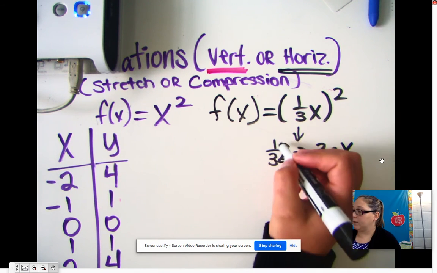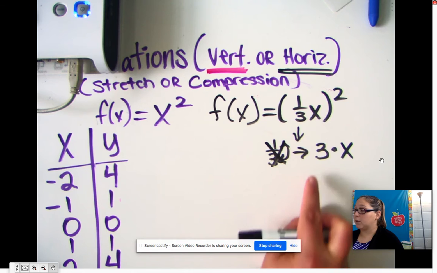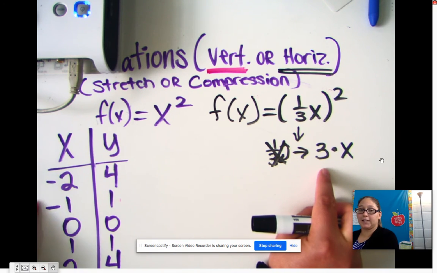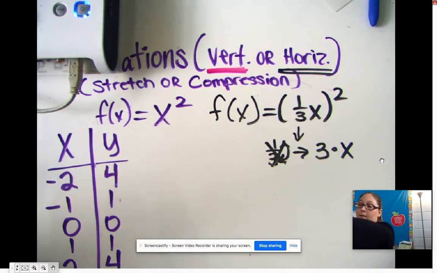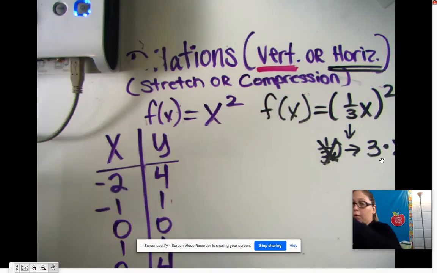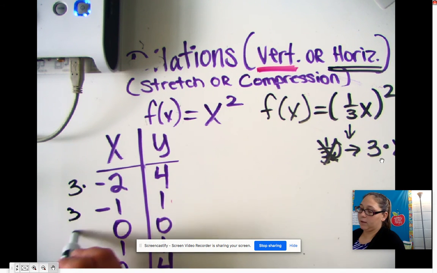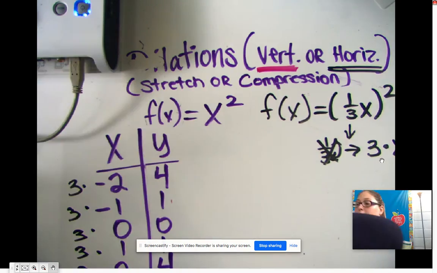So again, when it's horizontal, when we're talking about the x values, we're doing the opposite. So the reciprocal in this case was 3. So I'm going to take all these x values and multiply them by 3, and that's going to be my dilation. So I multiply this by 3, and this by 3, and this by 3, and this by 3, and this by 3. We're going to do all of them.